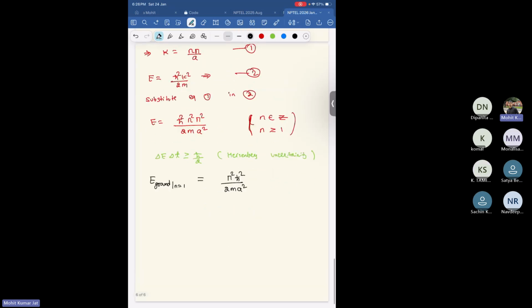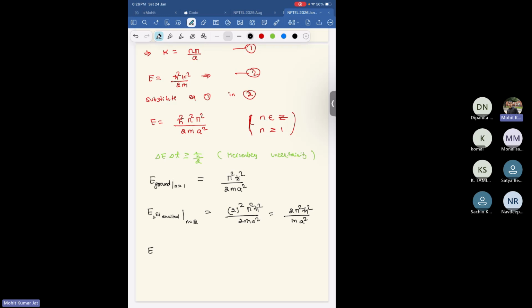Now, if I ask you the first excited energy, E first excited, that will be n equals to 2. That will be 2 square pi square h bar square by 2ma square. This gives you 2 pi square h bar square by ma square.